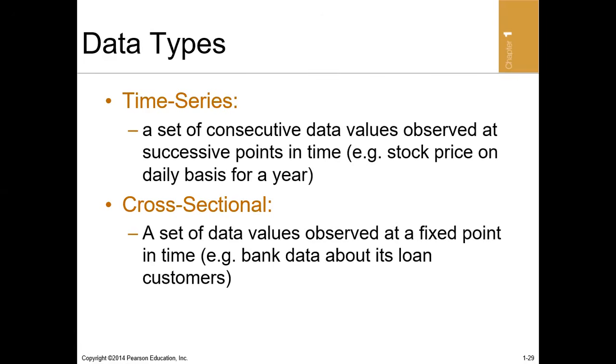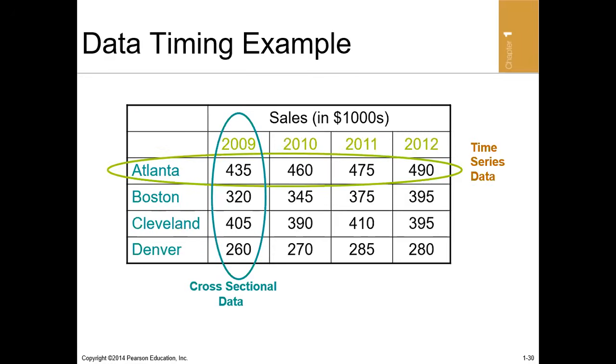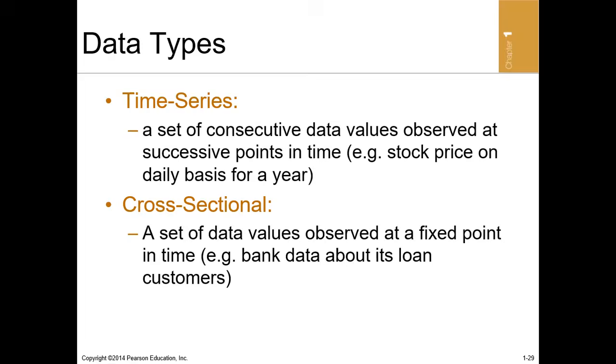On the other hand, if you collect data on the salary of so many people, but in just 1 year alone, here we have several units, but 1 year. That becomes cross-sectional. So cross-sectional is a set of values observed at a fixed point, but for several units. That is cross-sectional data.